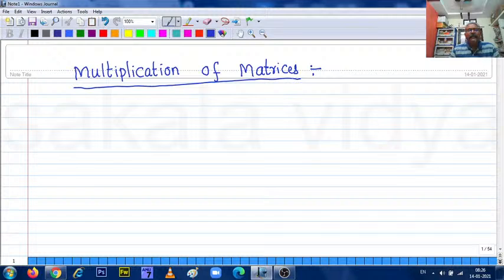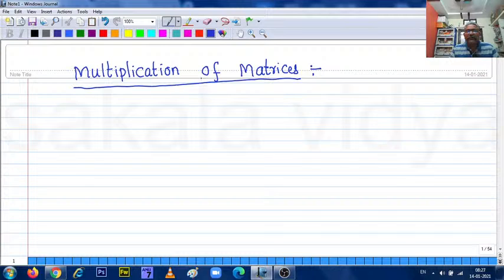Regarding the multiplication of matrices, you must remember that two matrices are said to be conformable for multiplication if and only if the number of columns of the first matrix is equal to the number of rows of the second matrix. Then only the two matrices can be multiplied.